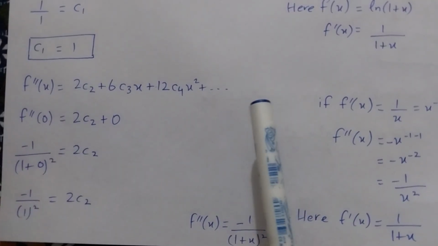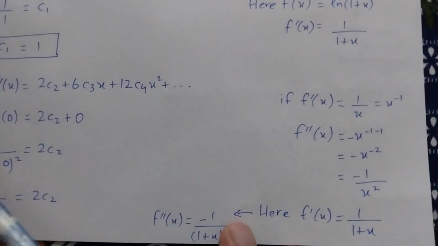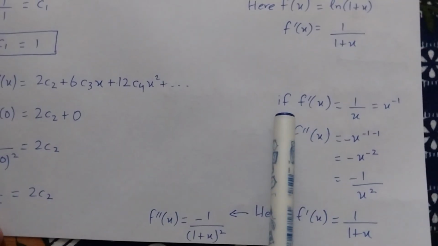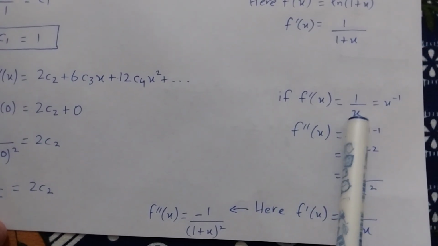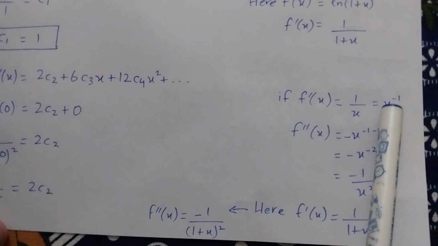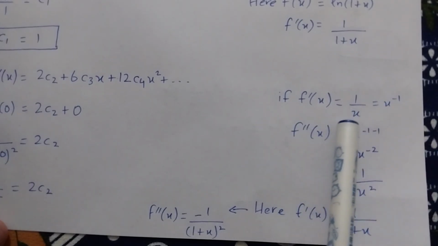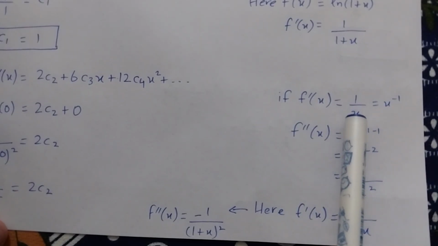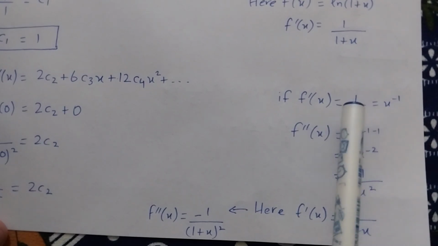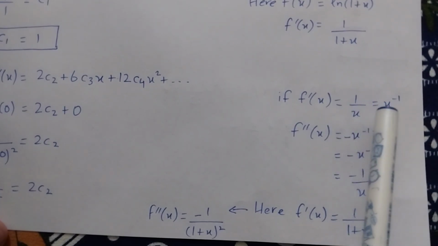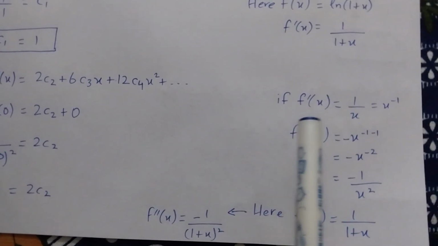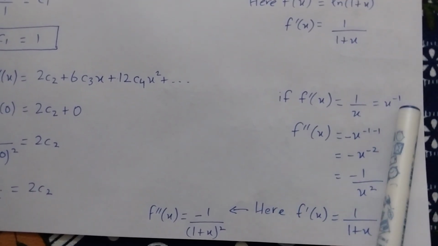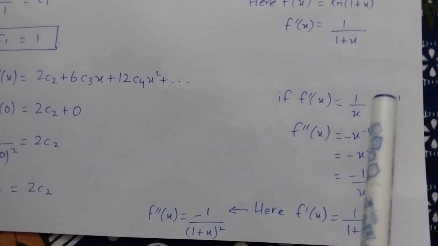our function, the second derivative. So if the first derivative is 1 over x, meaning x raised to power minus 1, because when we shift the denominator to the numerator, its power changes sign. So what happens, we want to take the derivative of x raised to power minus 1, and we can do that by using the power rule.